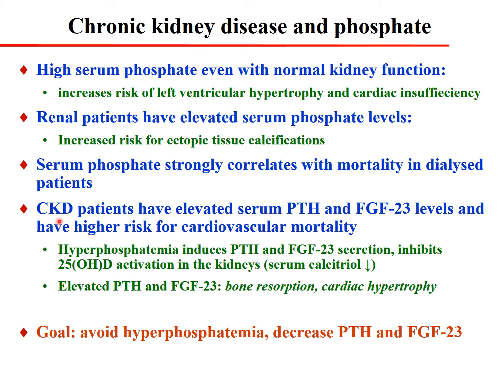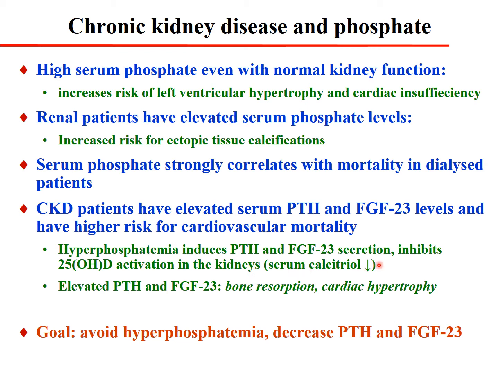In chronic kidney diseases, as I mentioned before, elevated serum PTH and FGF23 levels carry a higher risk for cardiovascular mortality. Hyperphosphatemia induces PTH and FGF23 secretion and inhibits 25-hydroxy vitamin D formation, and in the kidney it inhibits the 1-hydroxylase enzyme activity.